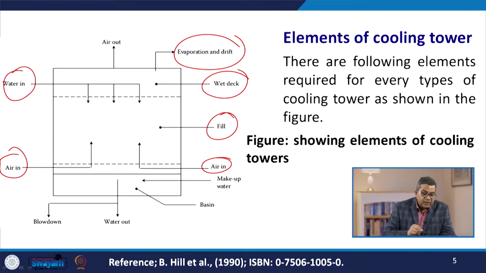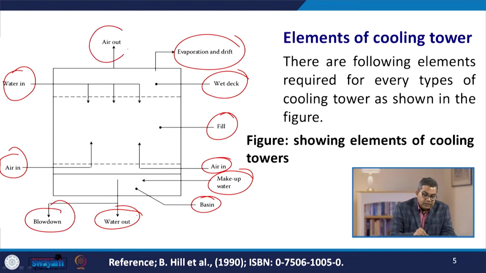Similarly, the water inlet should be there. Because it is a phenomenon of heat transfer between air and water, we must have some makeup water, and there is a basin, and water comes out with the help of a blowdown. At the upper part of this cooling tower we have the outlet for the air.